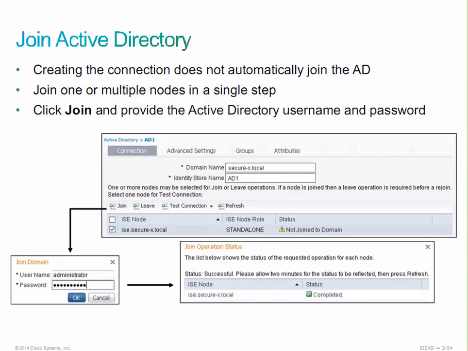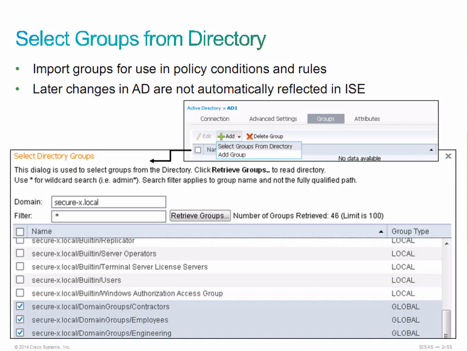Even though these PSNs tend to operate in a clustered environment, every PSN has to be joined to the domain manually. All right. So we go to Administration, System, Active Directory Operations, choose the node that we want to be joined to Active Directory, and then click the Join button. All right. This is definitely something that you guys will be doing in your lab exercise a little bit later on.